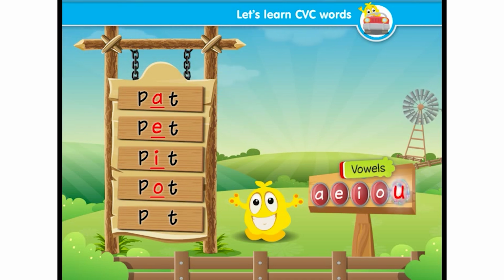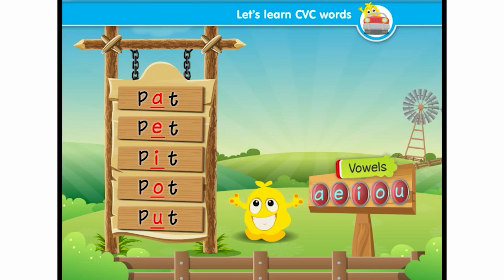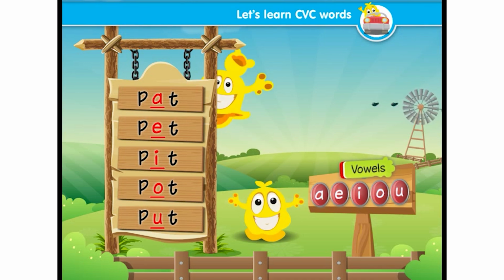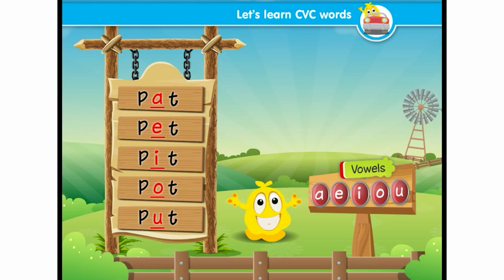If we put U, it becomes P, U, T, put. So, see, it was difficult to pronounce, but if we put any vowel between them, we get a sound like pat, pet, pit, pot, put.